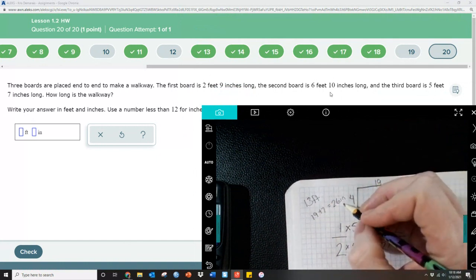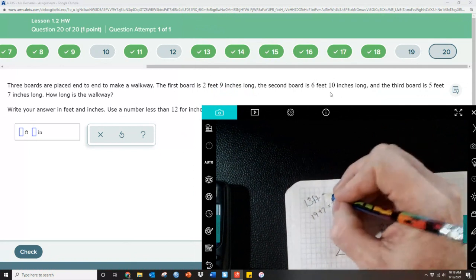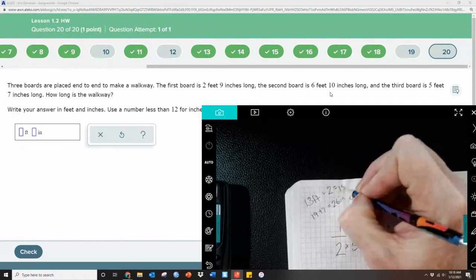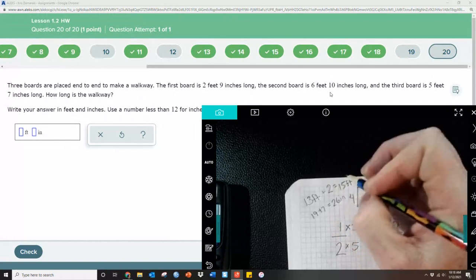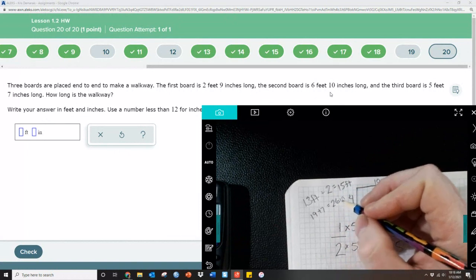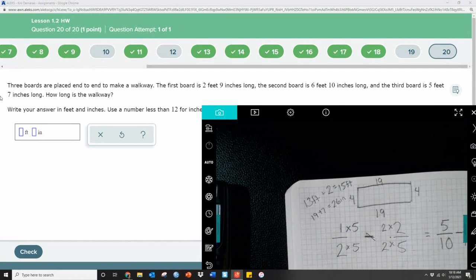I know that 26 inches is 2 feet, so I add 2 feet to 13 feet and get 15 feet. But then that's 24 inches taken away from 26 inches, which gives me 2 inches left. So it's 15 feet, 2 inches.